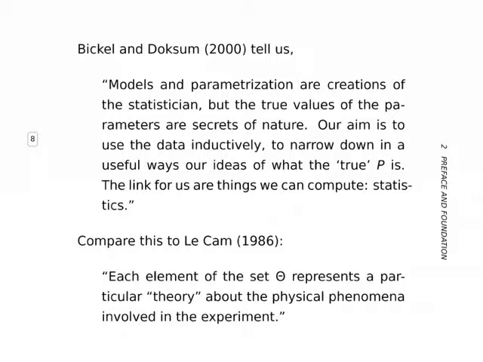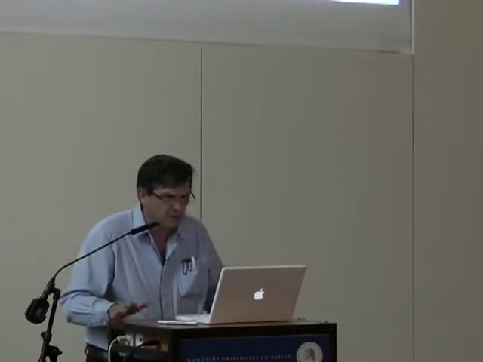Le Cam, from the other side of the corridor, wrote, each element of the set theta represents a particular theory about the physical phenomena involved in the experiment. And the difference between these two quotes, which are both taken from introductions to textbooks, is, I think, very illuminating.